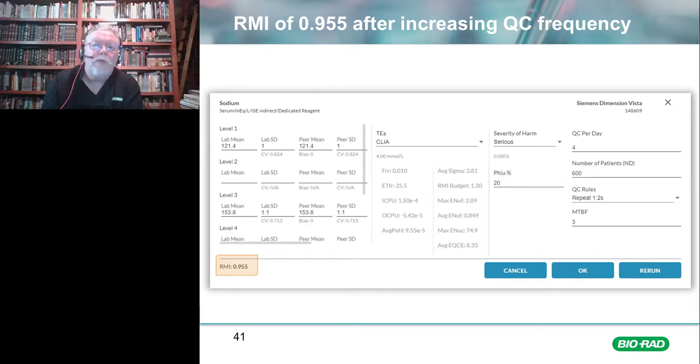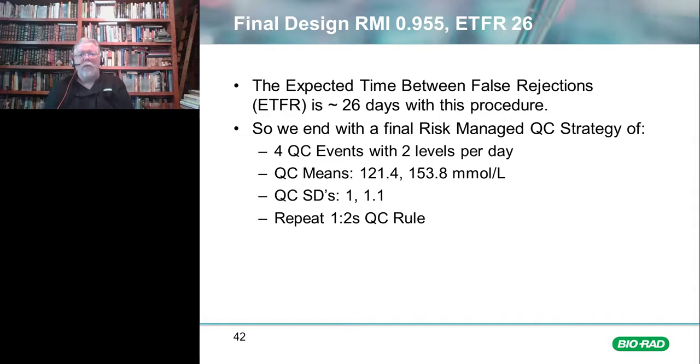So I'm right at the verge of, I still have risk managed QC, but now I don't have unmanaged risk. My expected time between false rejections is not at 26 days, but at least I've managed to detect error conditions more quickly, which reduces my risk. And so this would be the final design that we might use for something like this.